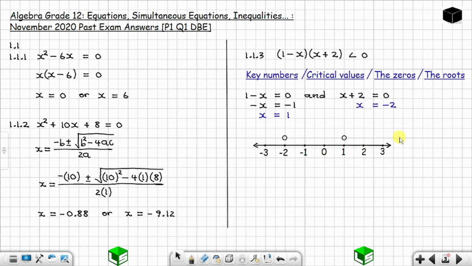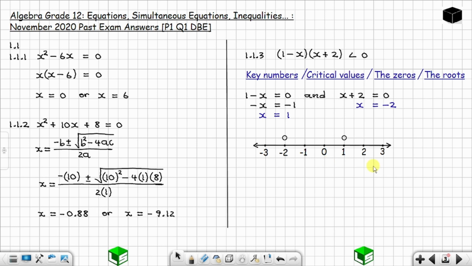So you have 3 intervals. The key numbers or the critical values are dividing the number line into 3 intervals.